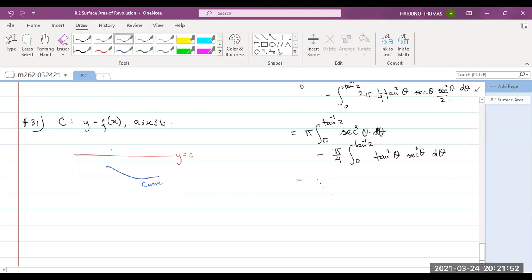If you rotate this around the y equals c line, you're supposed to get this, right? Now, can you find the surface area? Where f(x) is below c. Yes, I happen to draw it correctly. So the curve is below that line.